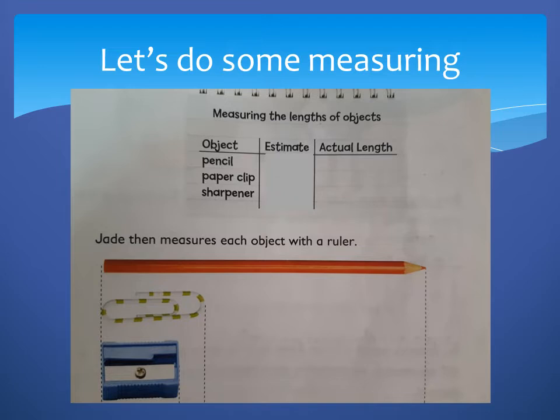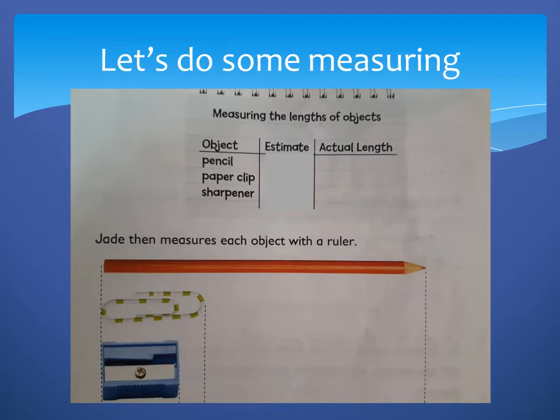I estimate the paper clip to be 1 centimeter or 1.5 centimeter. And I estimate the sharpener to be, since the sharpener is the shortest, I estimate the sharpener to be 1 centimeter. Okay, so I have 6 centimeters, 1.5 centimeters, and 1 centimeter. Now, what is your own estimate?